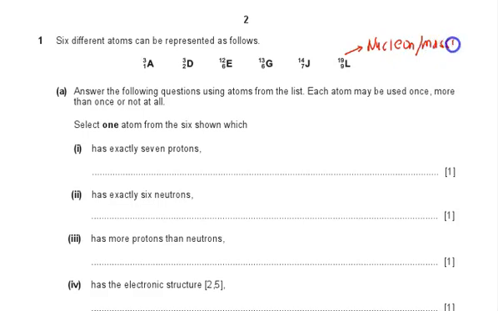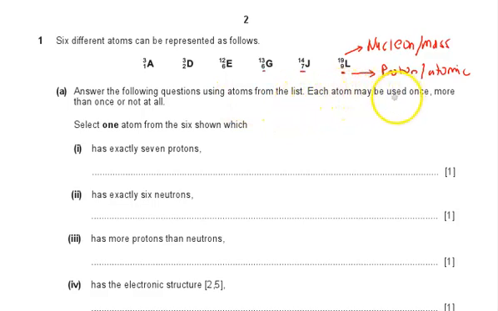The lower one here we call the proton number, or in other words the atomic number.